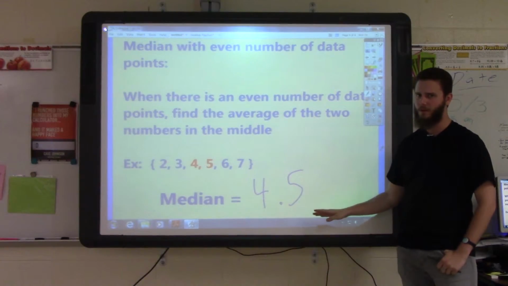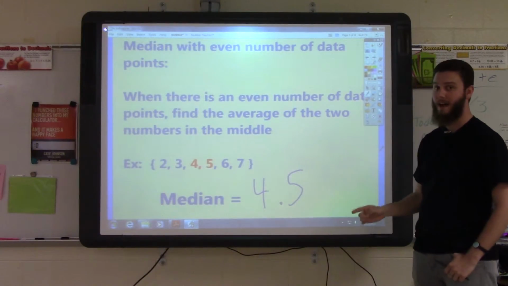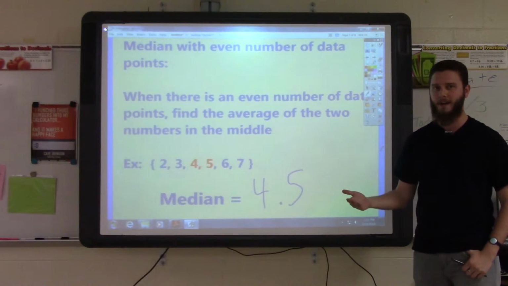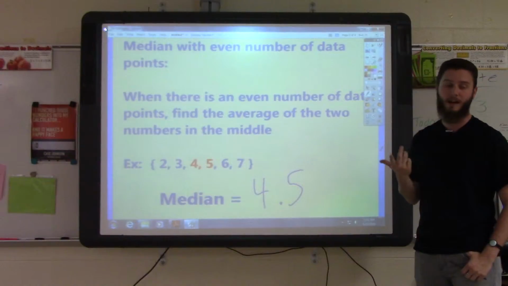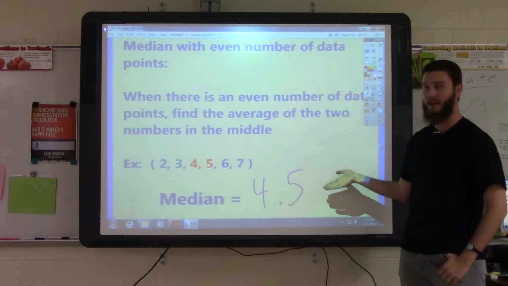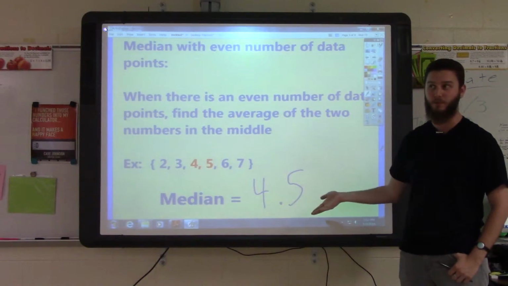Now this is what you're going to get if you were to find the average of 4 and 5. That is, take the number 4, take the number 5, add them together to get 9, divide 9 by 2, since that's how many numbers we added, and that will indeed get us 4 5/10 as well.